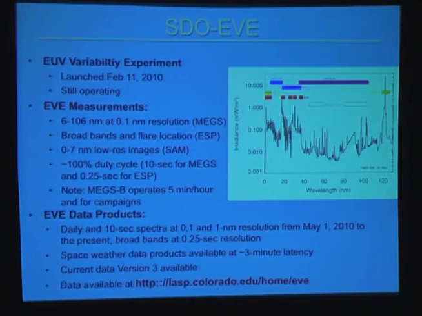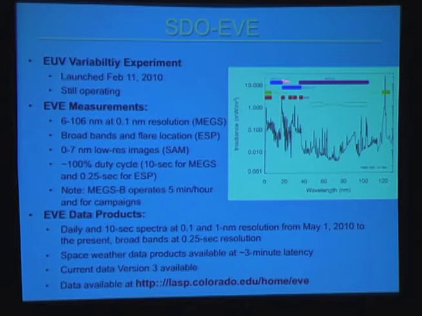So then we designed SDO-EVE. SDO-EVE was designed to measure just the EUV, and all of these different colors and bands are different instruments on EVE, different channels, because it's very difficult to measure this large wavelength range technologically. Each different wavelength range has its own problems, so you design different instruments to measure different wavelength ranges.